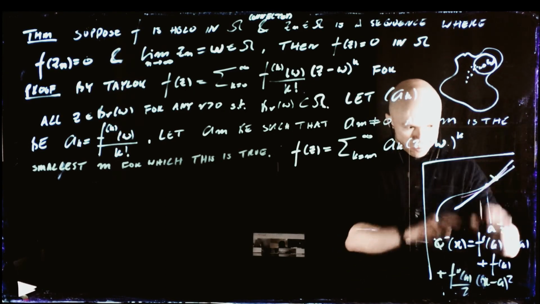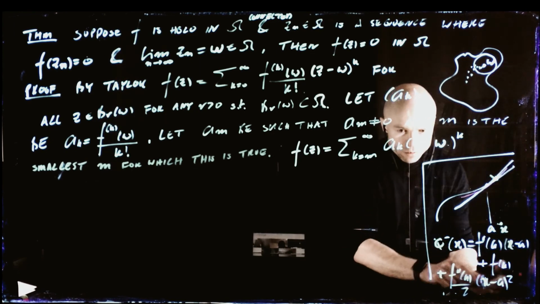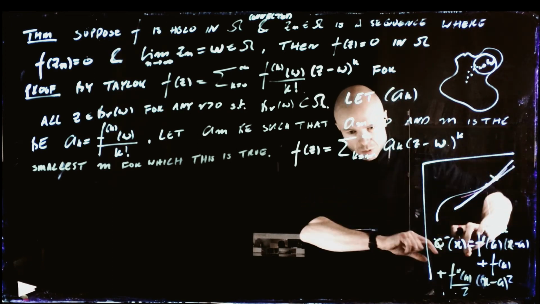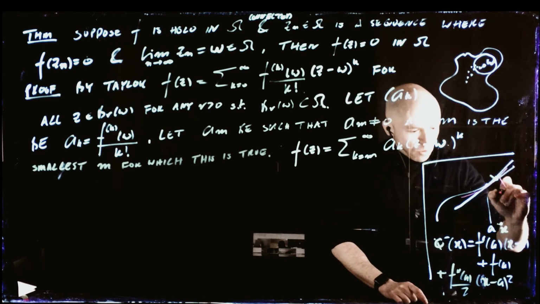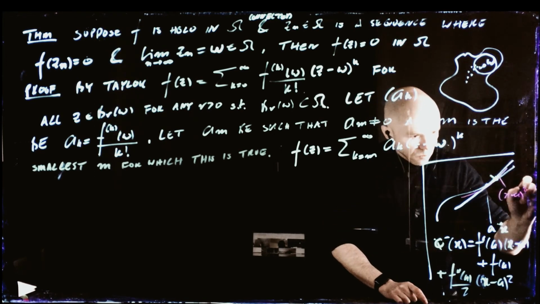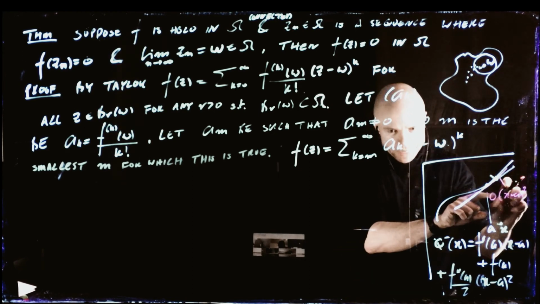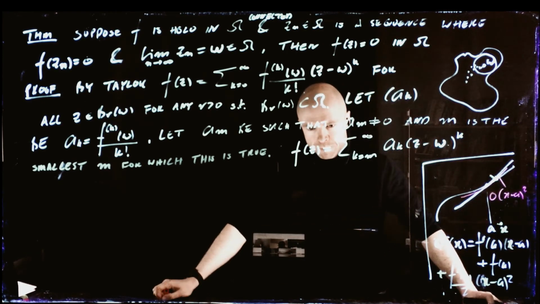And now the difference between this quadratic thing and the actual function is of order something much smaller than x minus a squared. This gap here is way smaller than x minus a squared. That's the point of this. That's the generalization of a tangent line.